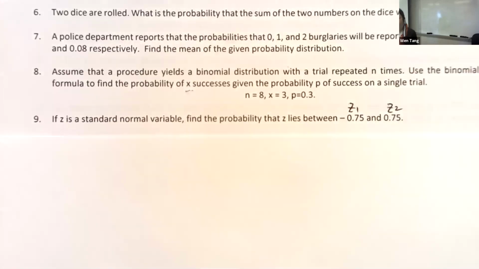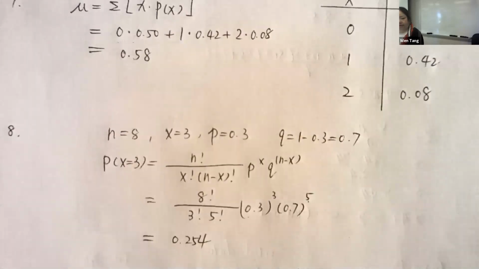Z2 is positive 0.75. How can we find the probability? We're going to use the Z table to find the area between these 2 Z's. That will be our probability. So let's check how we can get it.